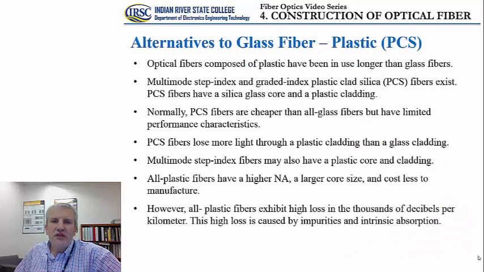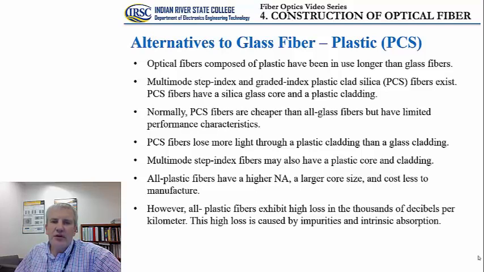Now, it's also important to mention an alternative to the glass-based optical fibers, and that is optical fibers that are made out of plastic. Optical fibers composed of plastic have actually been in use longer than the glass fibers, and we can have different types of optical fibers based on plastic. We can have multi-mode stepped index and multi-mode graded index fibers.